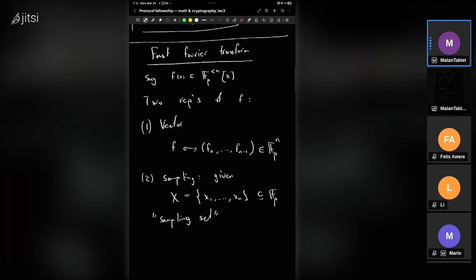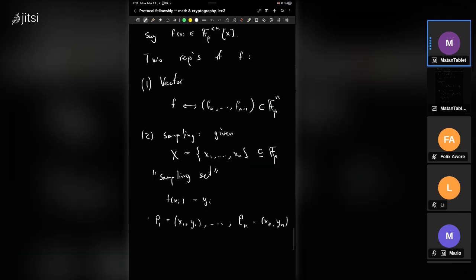Of course, if you had the polynomial, then you could evaluate it on all the xi's, you get some yi's, and as a result, you get points x1, y1 up to xn, yn.